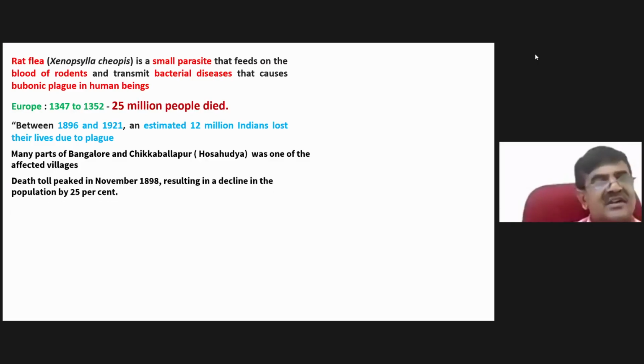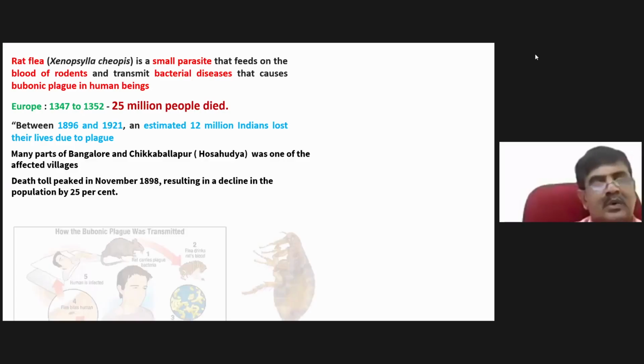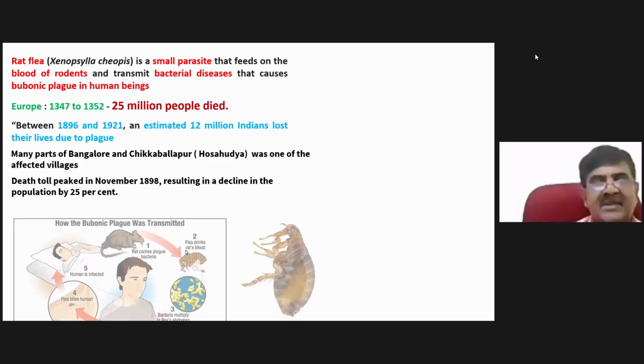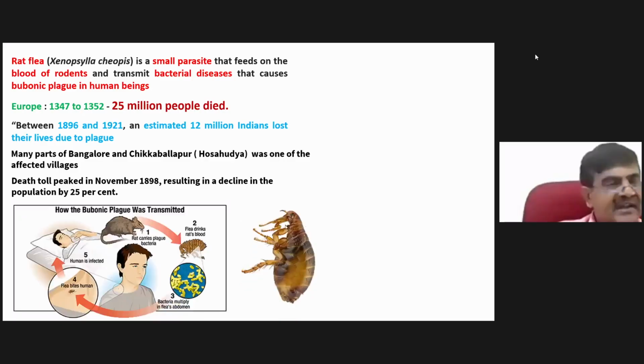The death toll peaked in November 1898 and resulted in a decline of population up to 25%. If you look at the diagram, this is the rat flea. The rat that carries plague bacteria, it drinks rat blood.